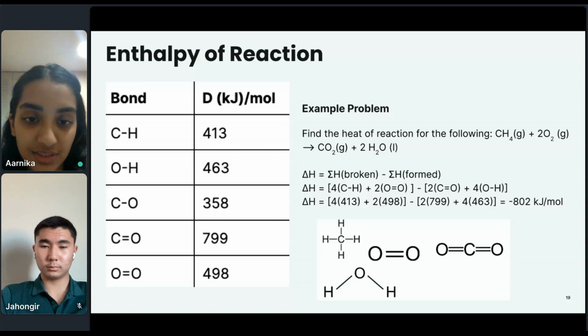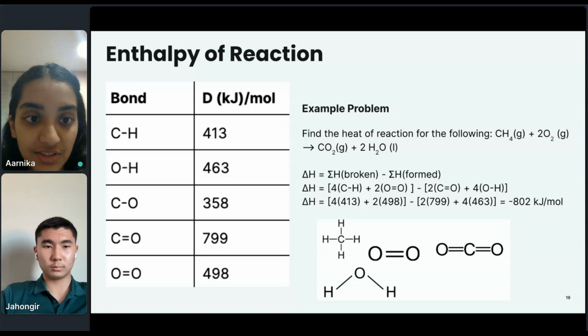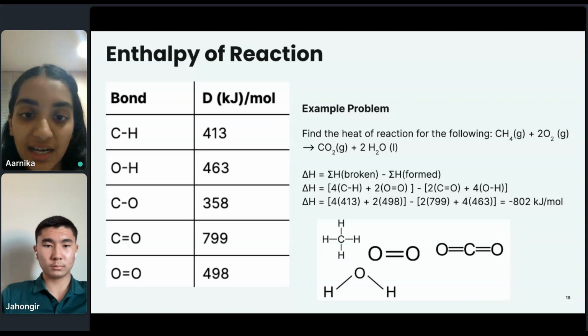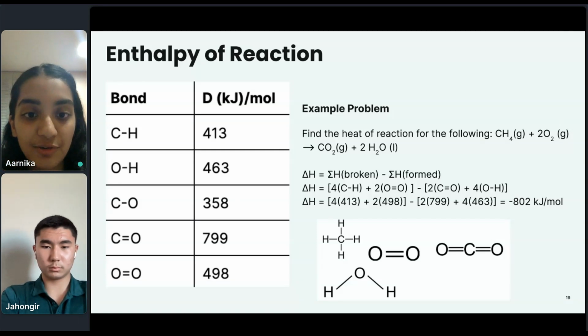First we want to do the 4 C-H bonds in CH4. Since there are 4 single bonds, you just use the 413 that you're given and multiply by 4. Then you add 2 times the double bond of oxygen, so that would be 2 times 498.